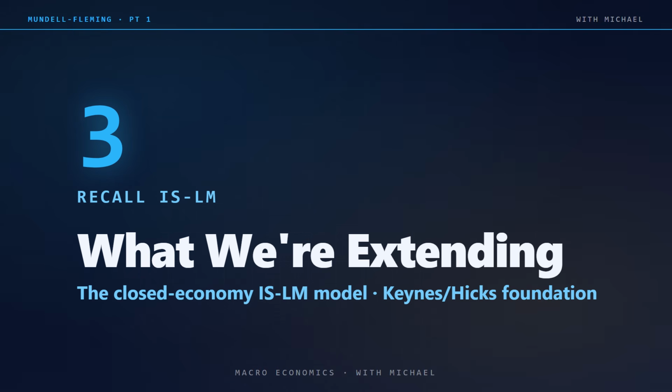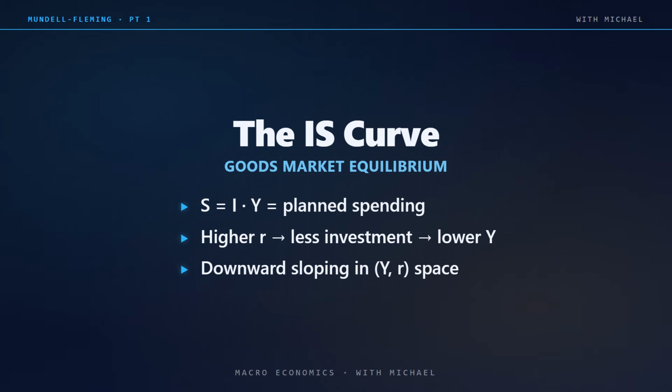The Mundell-Fleming contribution is to ask, what happens when this economy can borrow and lend internationally? When capital can flow in and out across borders? To answer that, Mundell and Fleming added a third element to the diagram. The world interest rate, R*, drawn as a horizontal line.